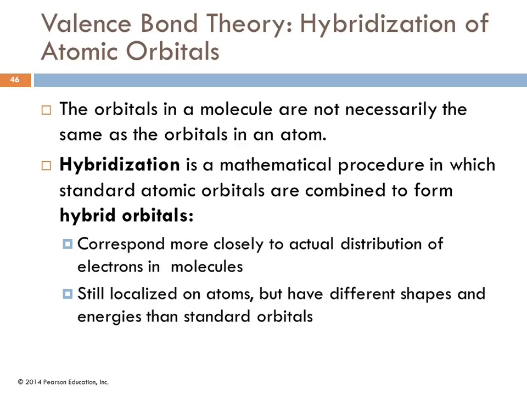Well, the orbitals in a molecule are not necessarily the same as orbitals in an atom. So we're familiar with the word hybrid, right? How do you hear hybrid in everyday life? Hybrid cars. What makes it a hybrid car? It runs on both electricity and gasoline.